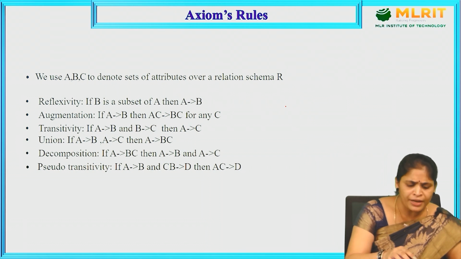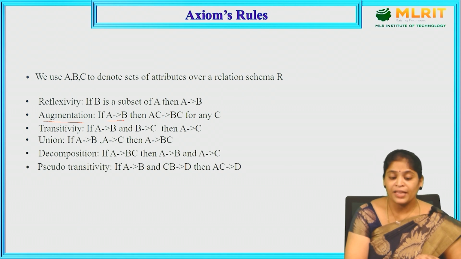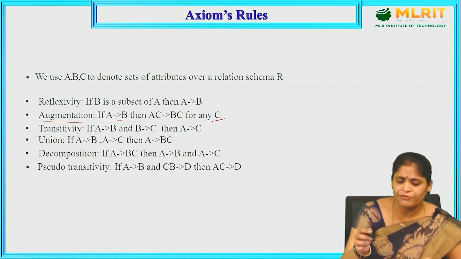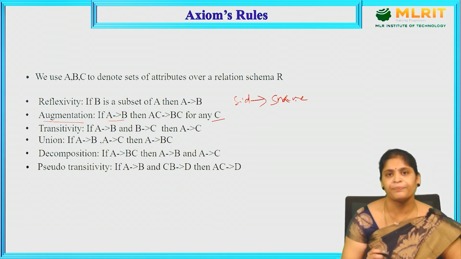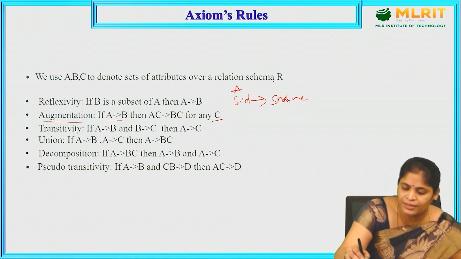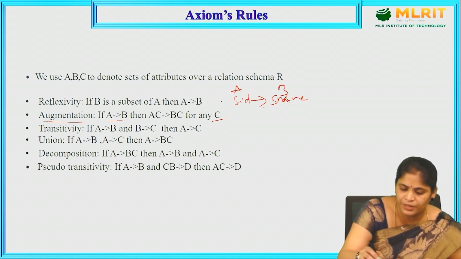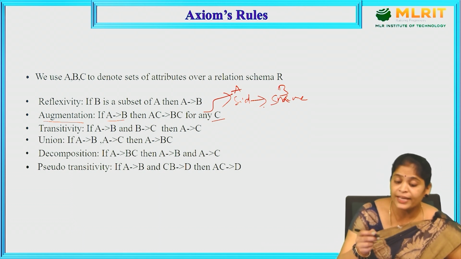In the same manner, what does the augmentation rule represent? If A derives B, then AC derives BC for any arbitrary C. For example, SID derives S name. This is A, this is B. If A derives B, then AC derives BC.